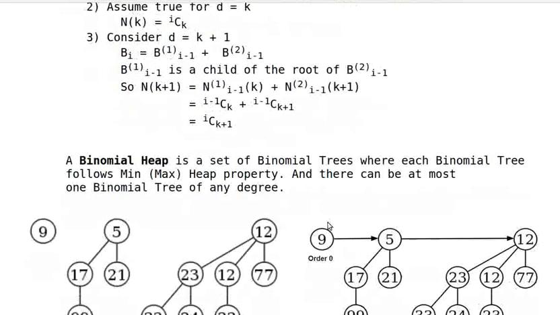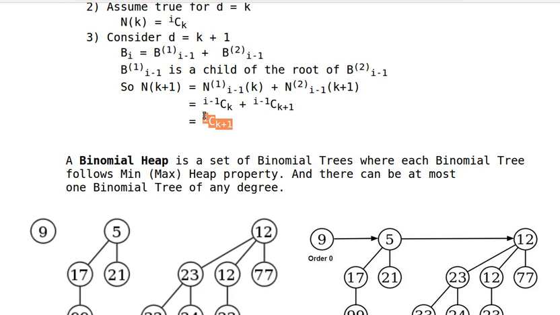Based on our hypothesis, this is equal to (i-1 choose k) plus (i-1 choose k+1), and we can make use of the binomial formulas, and this will give us i choose k+1. By the way, this is also called binomial coefficients.